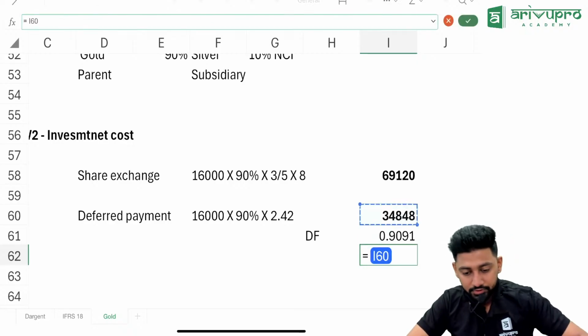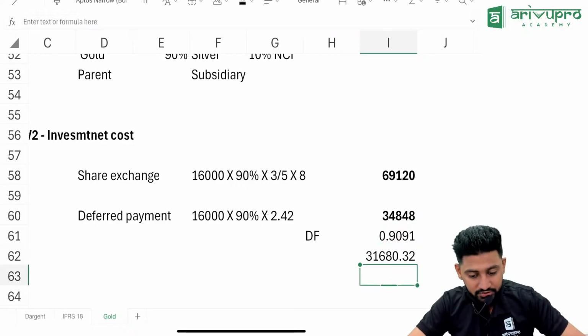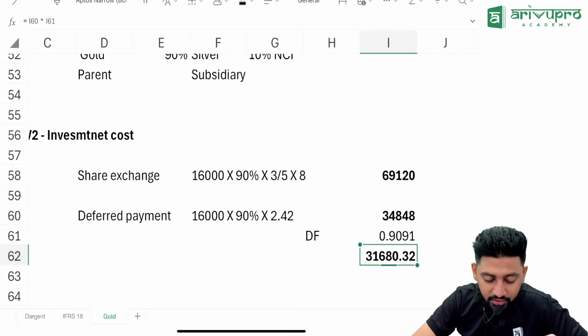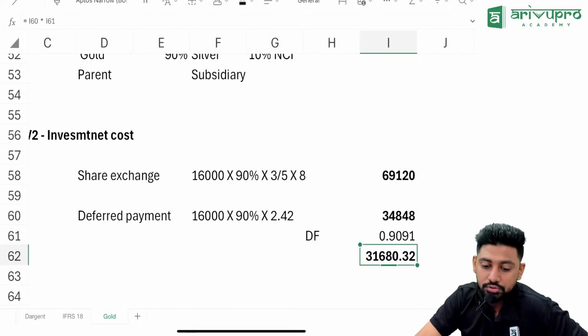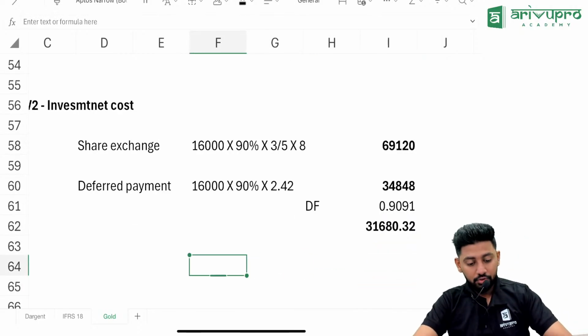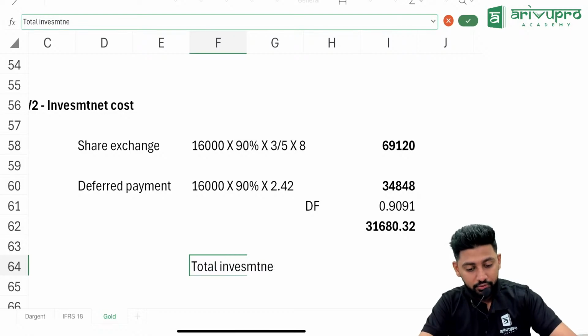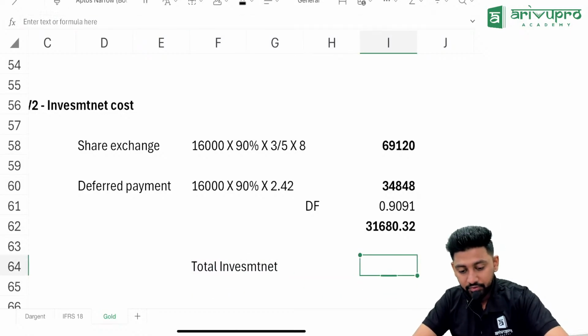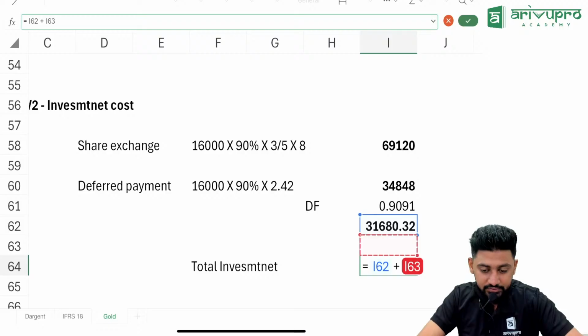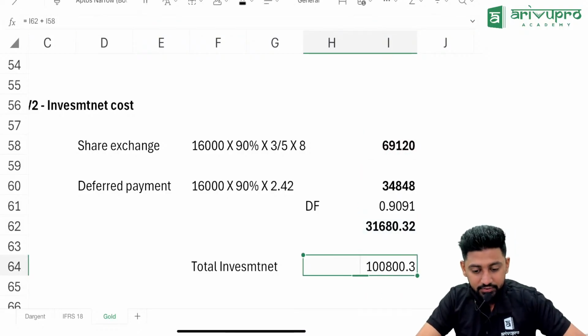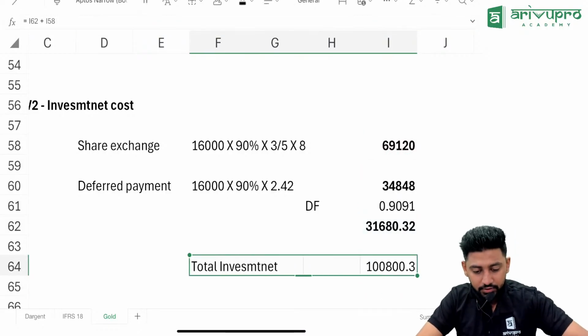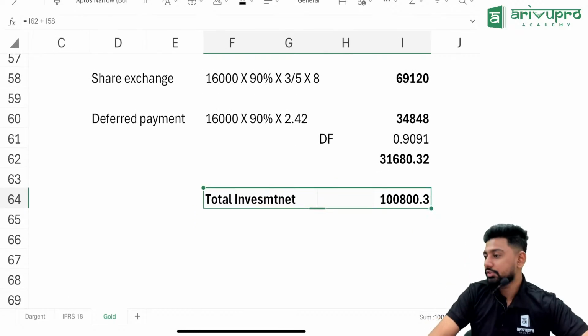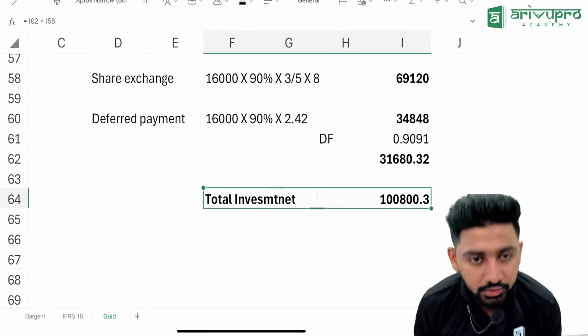That gives you equals this into this, which is 31,680, which is my investment cost. Therefore, total investment cost for goodwill will be this plus this, 100,800. 100,800 is my total investment cost. Done.